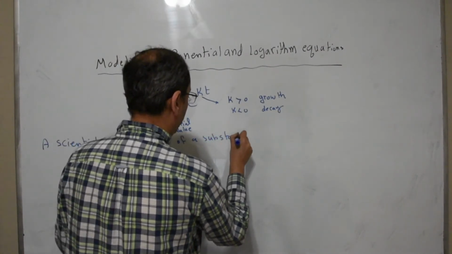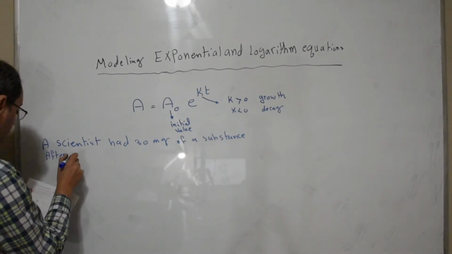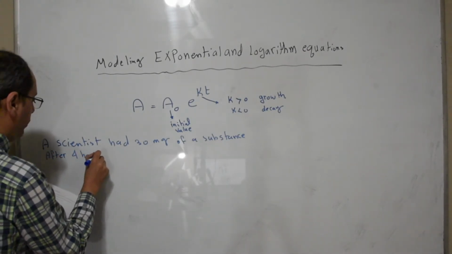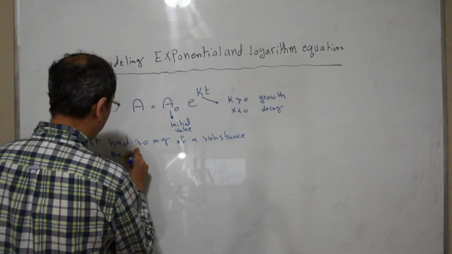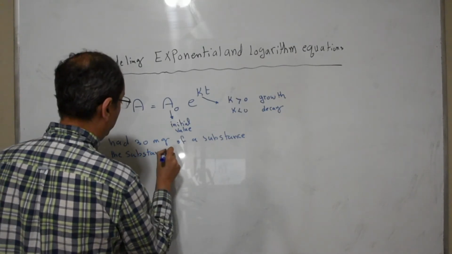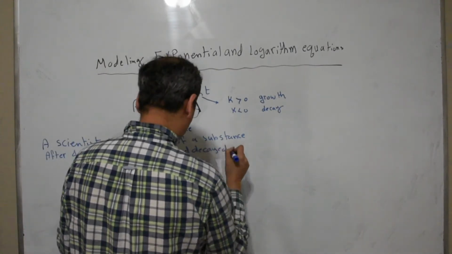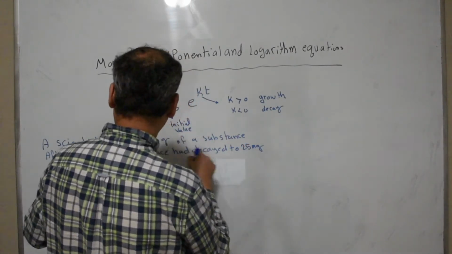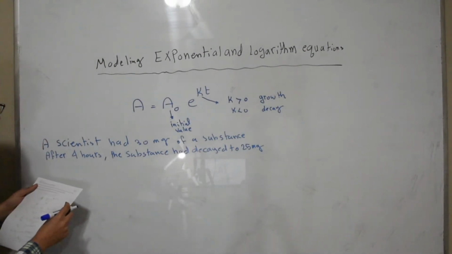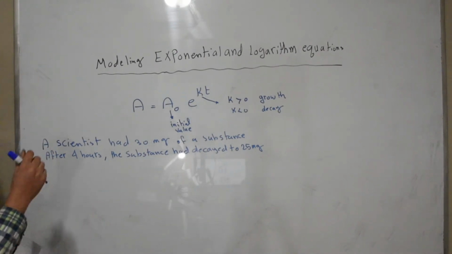After 4 hours, the substance had decayed to 25 milligrams. So it was 30 and went down to 25 milligrams. We need to find a model first, and then we're going to find how long it takes the substance to reduce to 4. So let's get the model first.